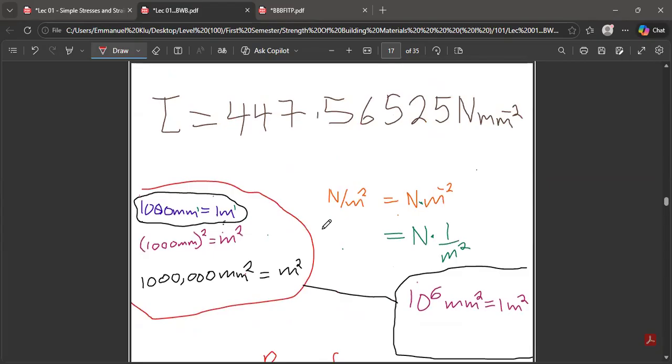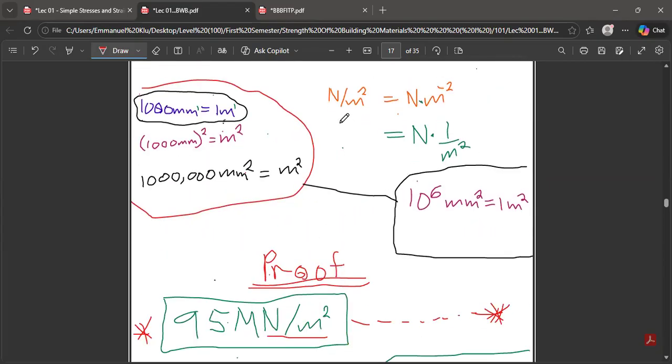If you see something like this, Newton per meter squared is the same as this, and that is also the same as this that we are seeing over here, if you could remember.